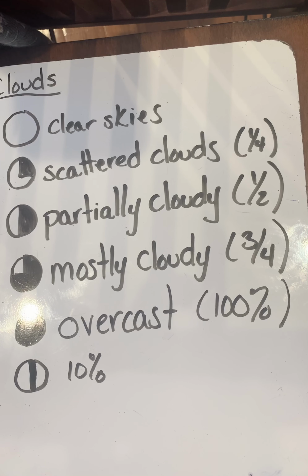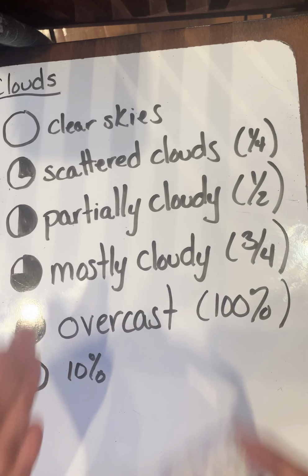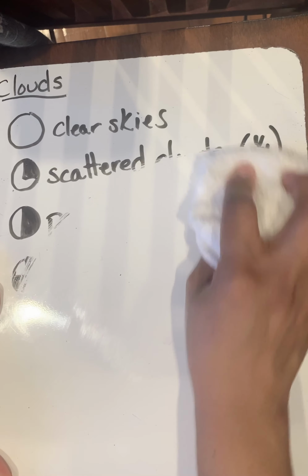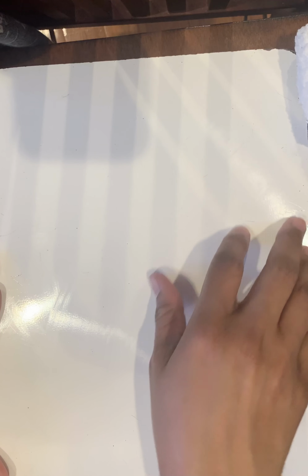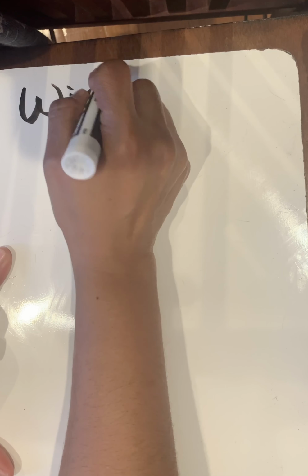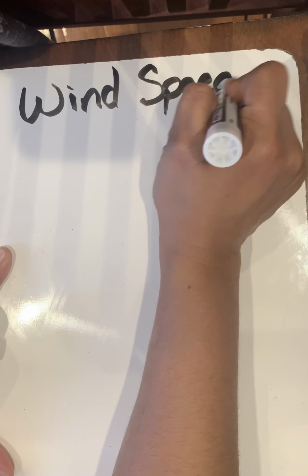The next one we're going to do is wind speed. So in your second column, you can do wind speed. With wind speed, there's a pattern here. And what's the instrument that we use to measure wind speed?